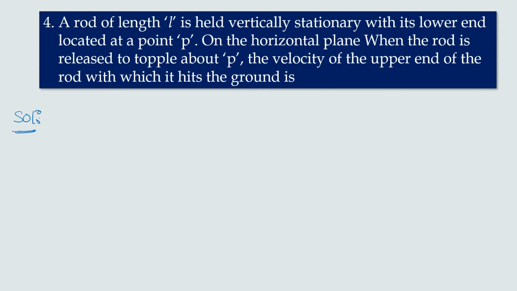The rod of length L is held vertically stationary with its lower end located at point P. Suppose this is the rod located at P. This length is L by 2.